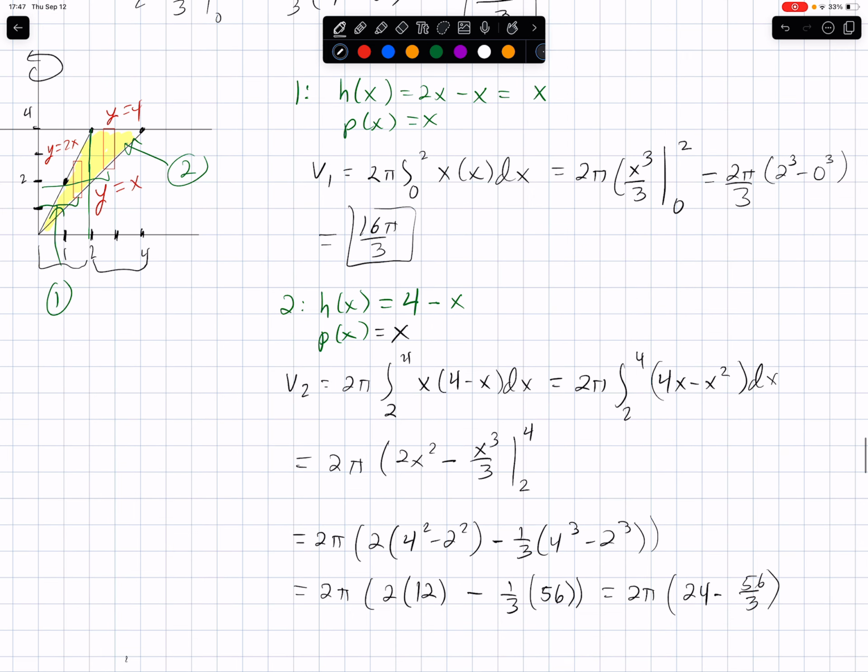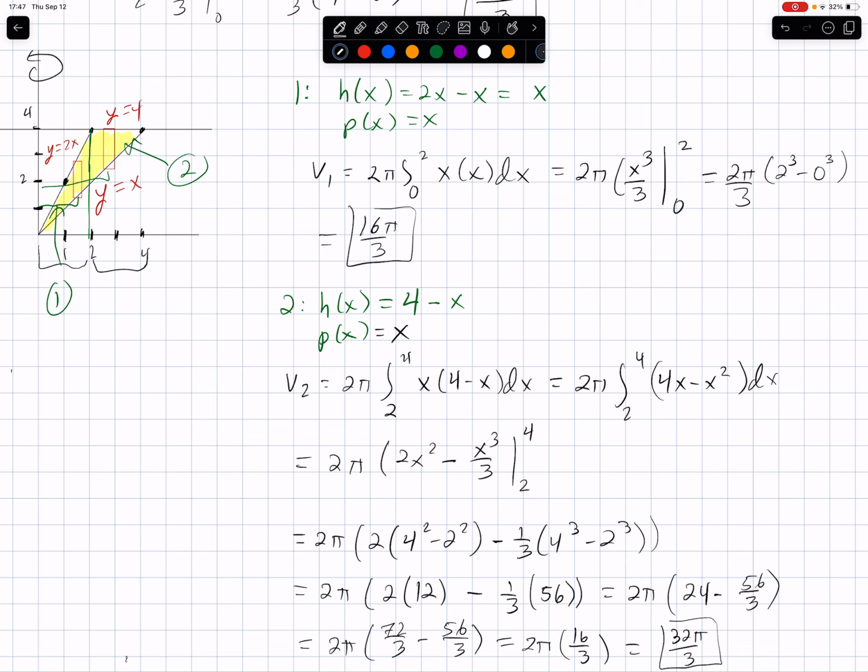And 24 would be 72 over 3 minus 56 over 3. So it's going to give us 2 pi times, let's see, the difference there would be 16 thirds. So this would be 32 pi over 3.